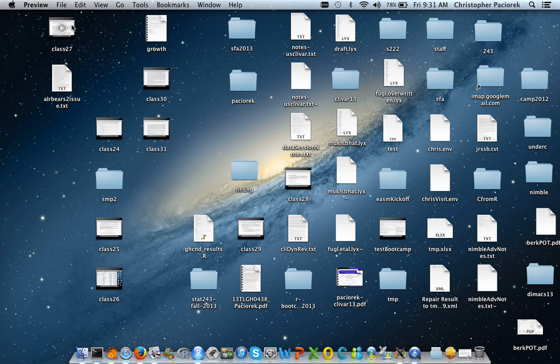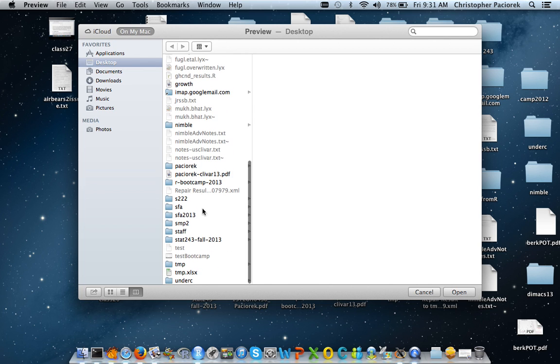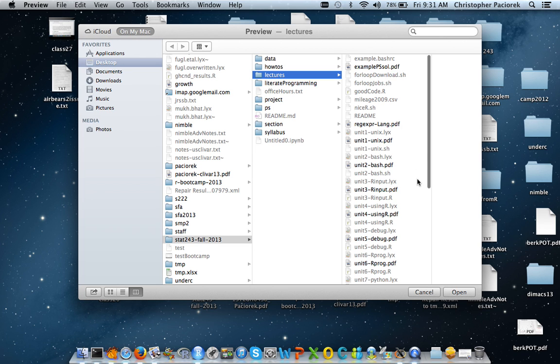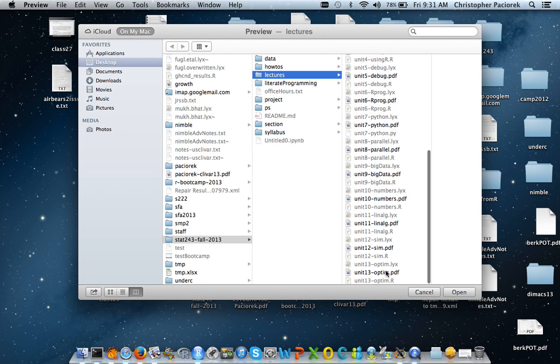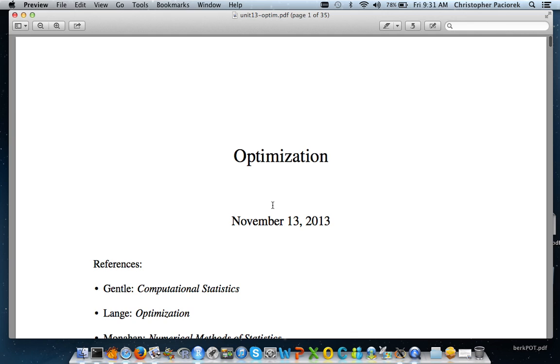we're going to next start in on optimization. Let's see, where am I here? Okay, so to give you an idea of the plan for the rest of the semester: we're going to spend maybe 5 or 6 days on optimization, so basically next week and the week of Thanksgiving.